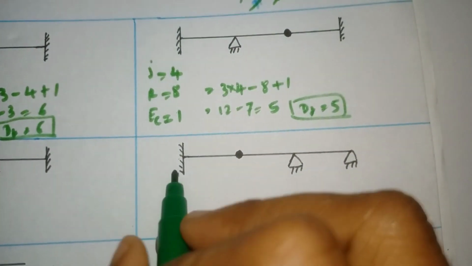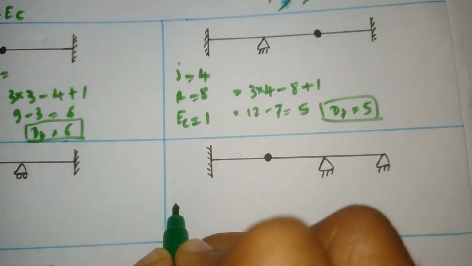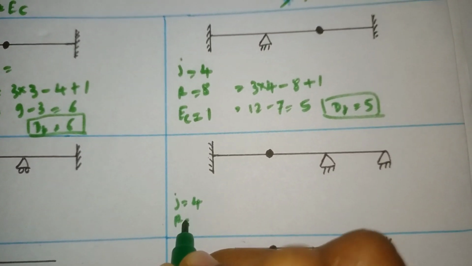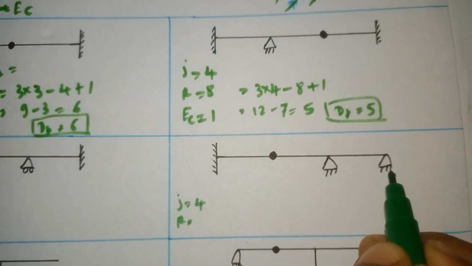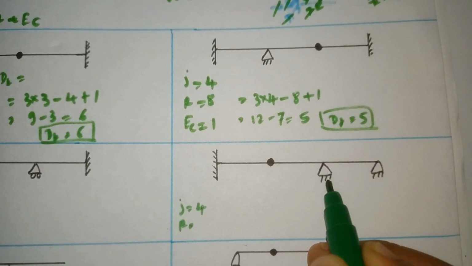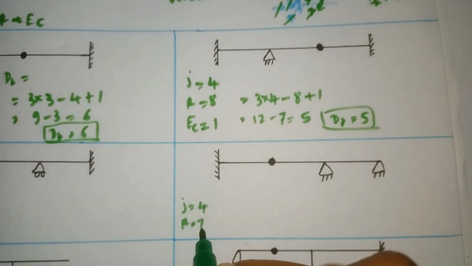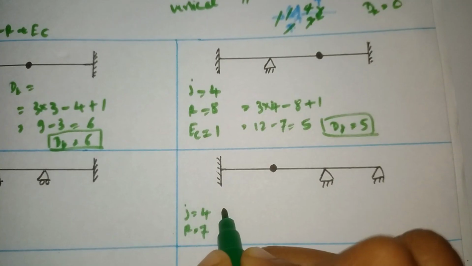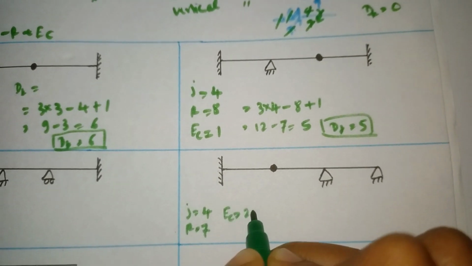Here, how many joints? 1, 2, 3, 4. Again 4. How many reactions? Here 3, here 2, 2. How many total reactions? 3, 5, 7. Total reaction is 7. And our ec, internal hinge, is 2 minus 1.